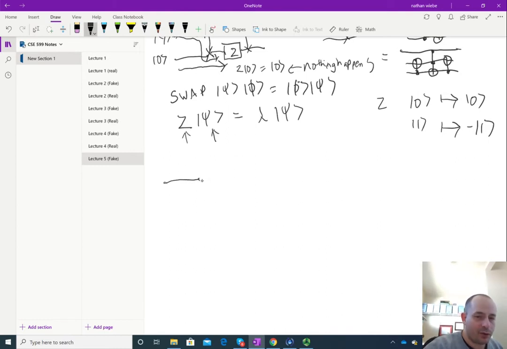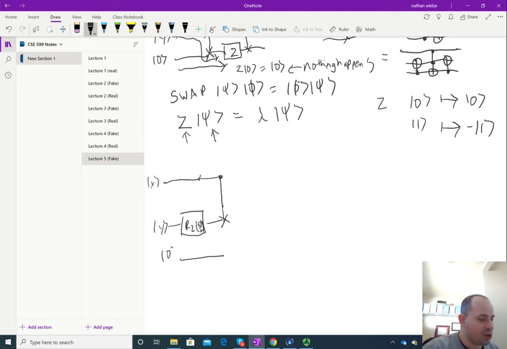Instead of doing a controlled Z, let's put in the following: RZ of theta over 2 through here. Now I'm going to do a controlled swap of this and an ancilla qubit pre-initialized in the 0 state. Okay, so we've swapped that.